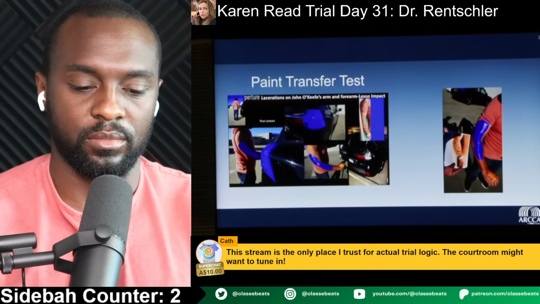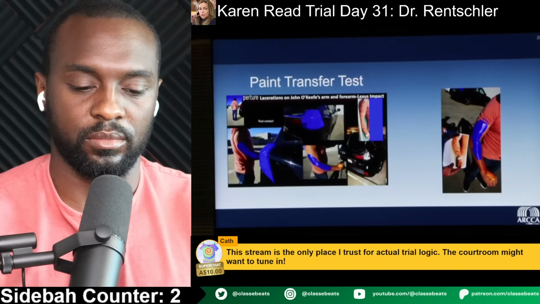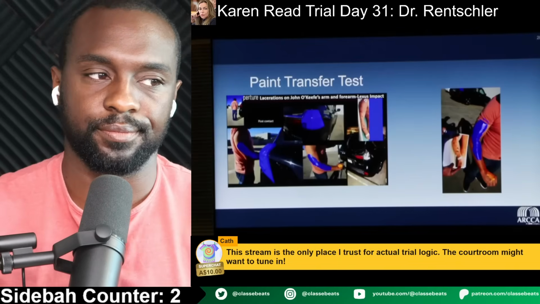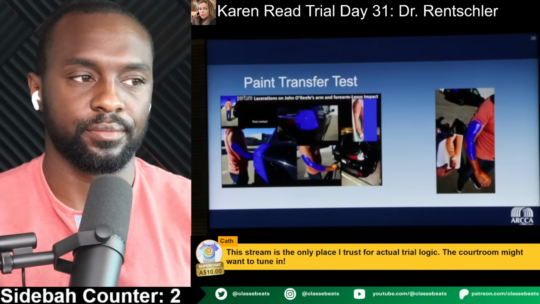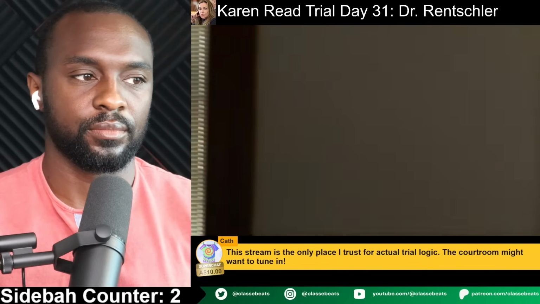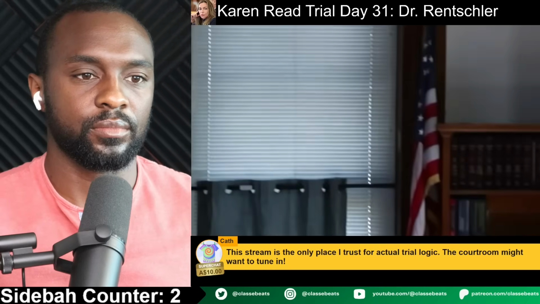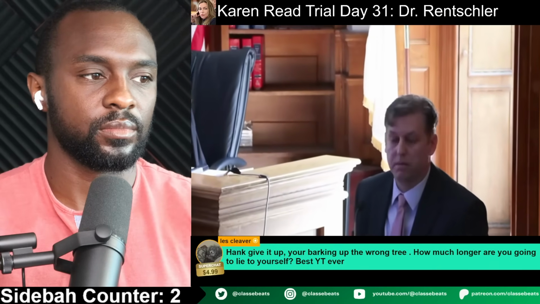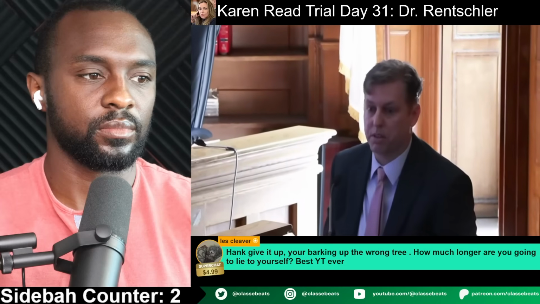And you can see the photograph on the right basically shows that after doing the test, a picture of the right arm was put next to it and basically eyeballed to say it's only approximately the same area. So I'm going to strike that. So next question. Do you see any measurements, any tape measures, any laser measuring equipment, anything like that in that right photograph? Nothing, no types of measurements whatsoever.